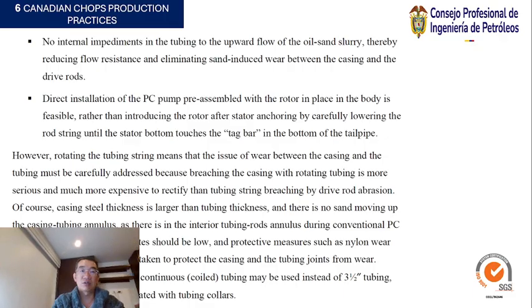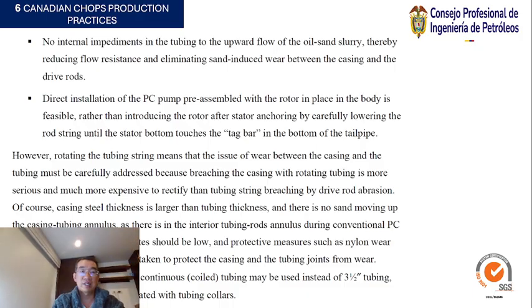Direct installation of the PC pump pre-assembled with the rotor in place in the body is feasible, rather than introducing the rotor after stator seating by carefully lowering the rod string until the stator bottom touches the tag bar in the bottom of the tailpipe.